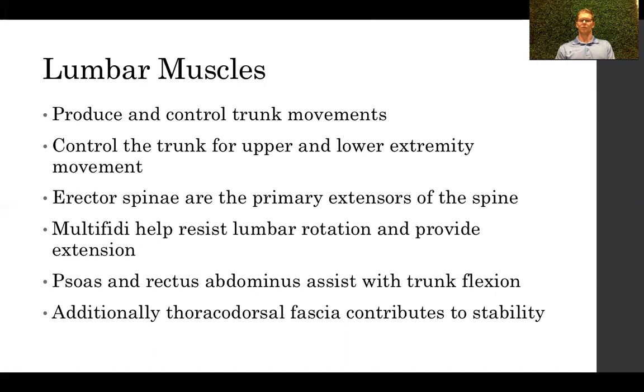The multifidi help resist lumbar rotation, and also provide some function for extension. When you think about your classic core model of the 4 core muscles, we have your TA, or transversus abdominis, in the front. On the posterior side of that are the multifidi. They're very important, highly innervated, and have a lot of proprioception. Those muscles really do help provide this deeper core stabilization.